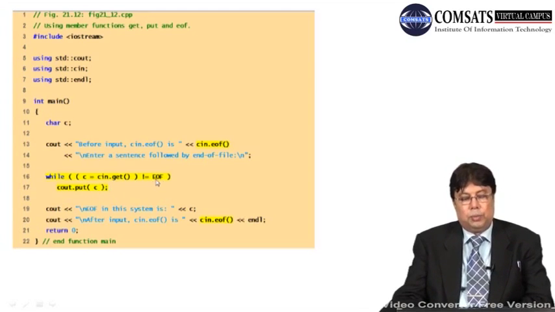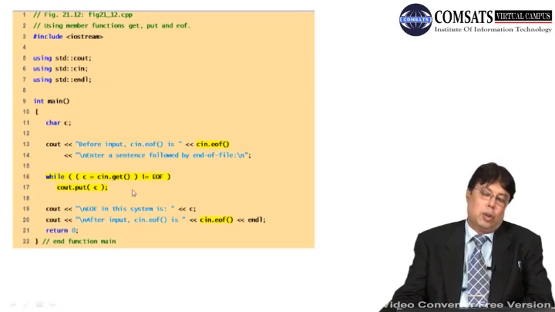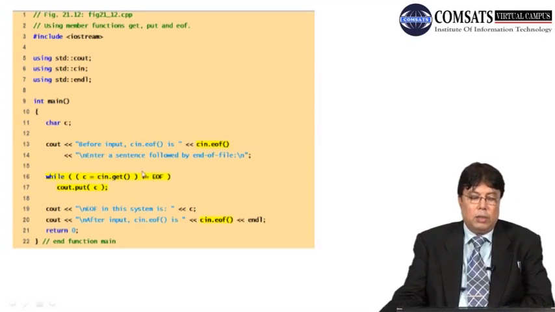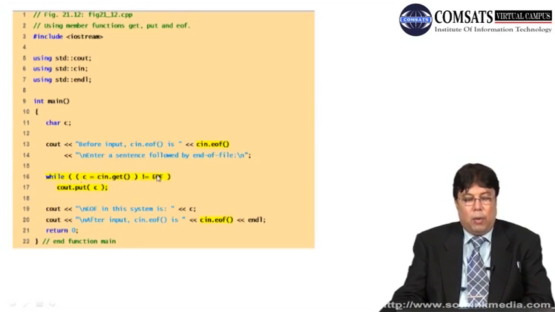As soon as you have end of file, it will not type that, which means the whole data will be printed as a stream of characters. So it will be reading it as a stream of characters and putting it to the output stream. This is the input stream reading the data, and this is the output stream.